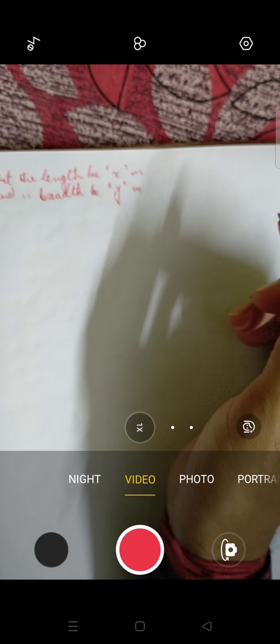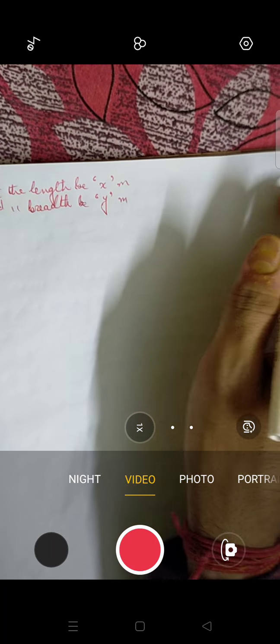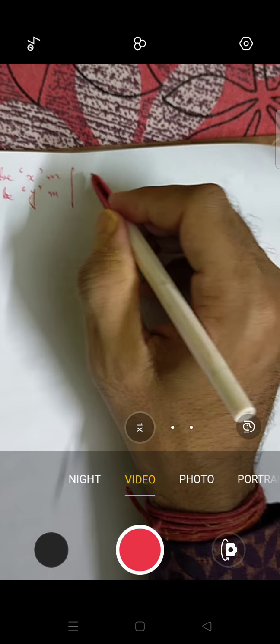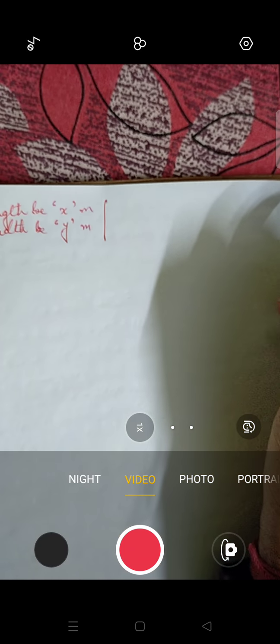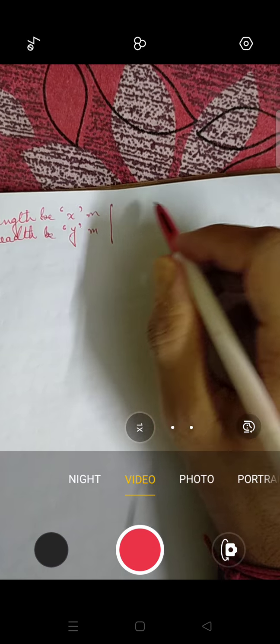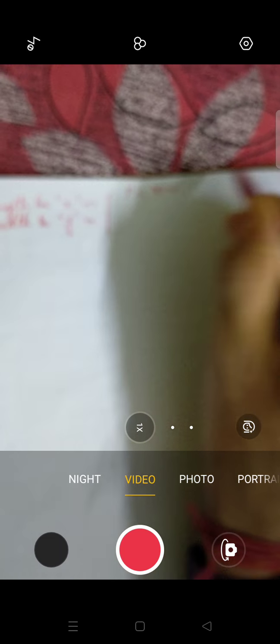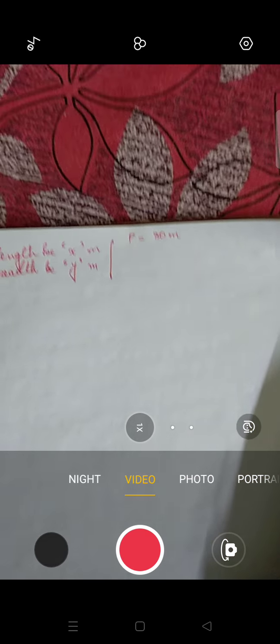Now in the question it was said that the perimeter is 80. So you can write, perimeter of a rectangle equals 80 meter.